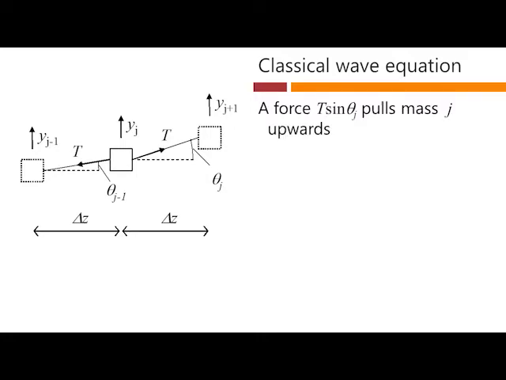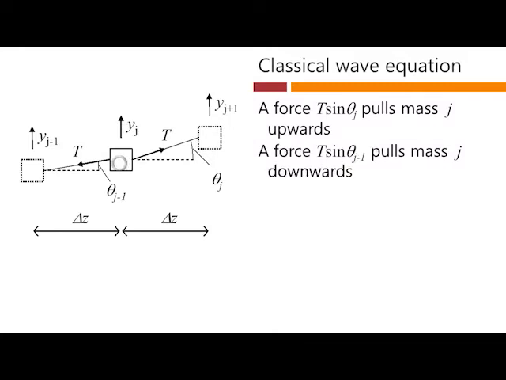Now, there's a net force here from this tension that is pulling the mass up, and that is T sin theta_j. That's the component of this force that is in the vertical direction pulling upwards on that mass.